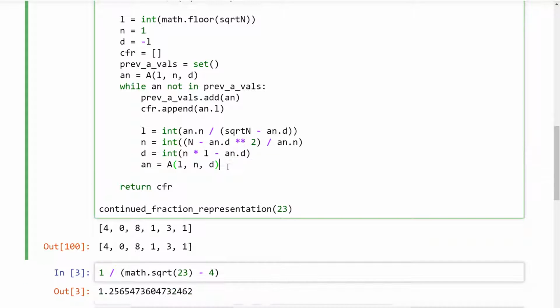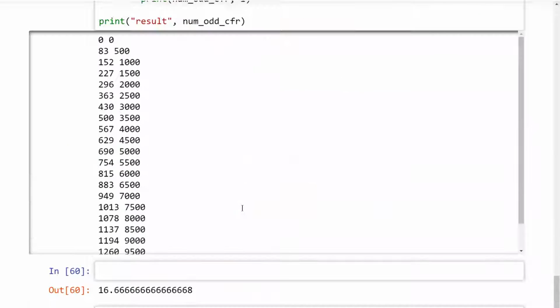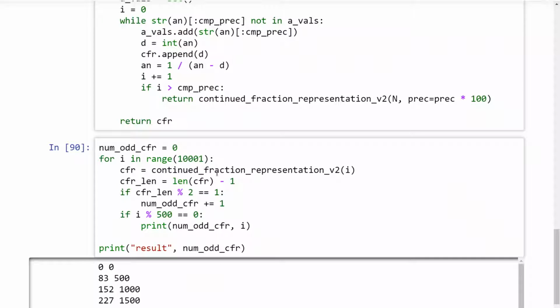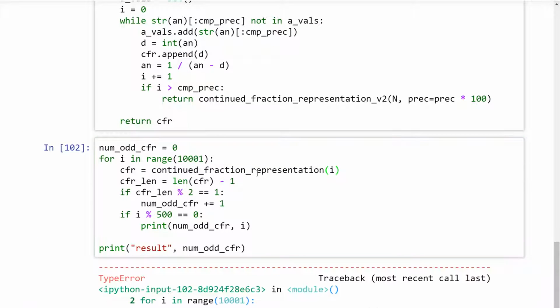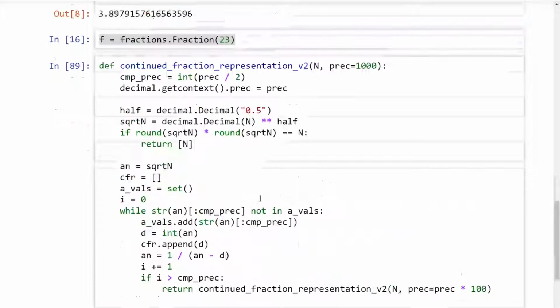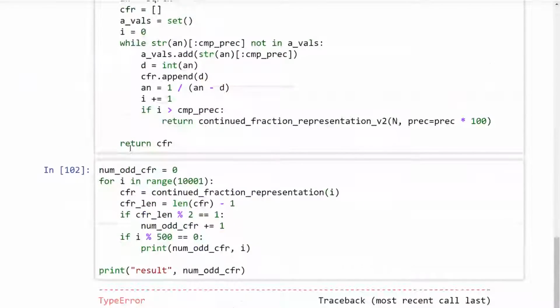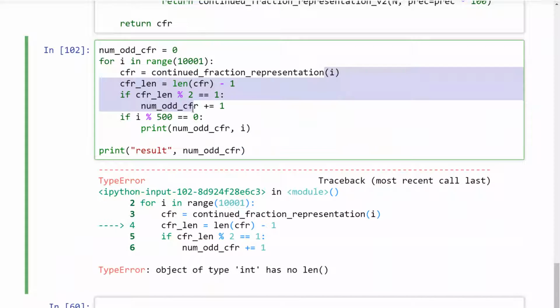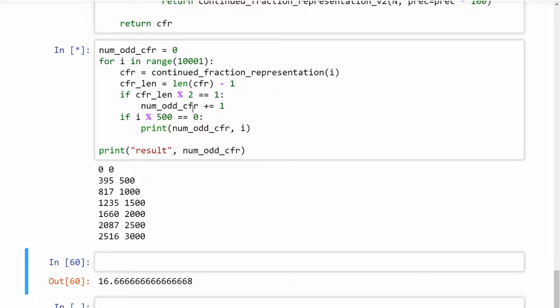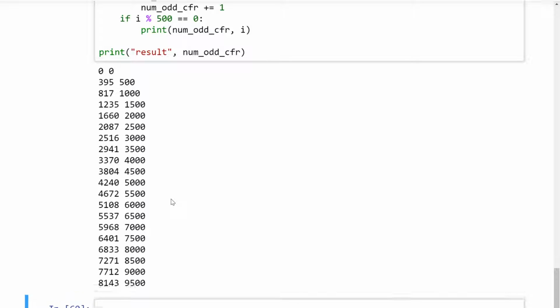Okay, so let's just move that. Would have been too nice. Okay, all right, I forgot to do this. Well, let's wait till it gets it right.